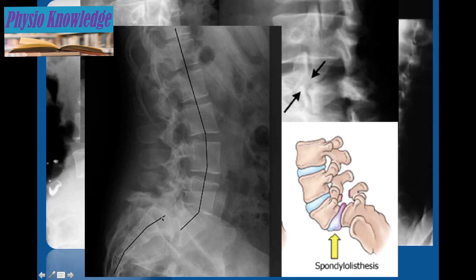This line should really connect with the sacral line, and there are all sorts of measurements here in terms of the sacrum in relationship to L5. Again, here we cannot really appreciate a spondylolisthesis or spondylolysis, but the main thing is to check for the alignment just like you did for the cervical spine.